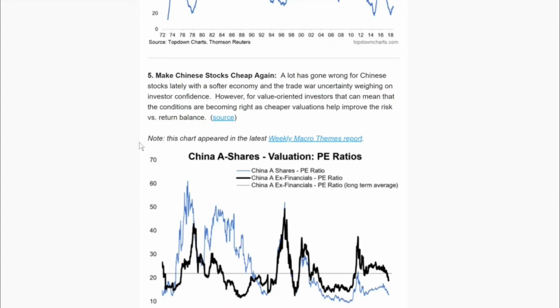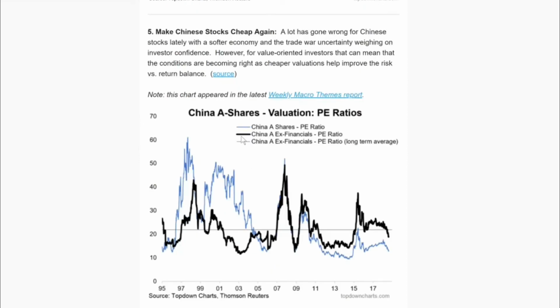Number 5, last but certainly not least, is a very interesting chart on Chinese A-share valuations. As I note here in the paragraph, a lot has gone wrong for Chinese stocks lately, and they've gone through a 25% correction. What that's done to valuations is, if we focus first on the black line, which is the China A shares total market index excluding financials, it's definitely worth excluding financials because you can see the difference between the two charts.